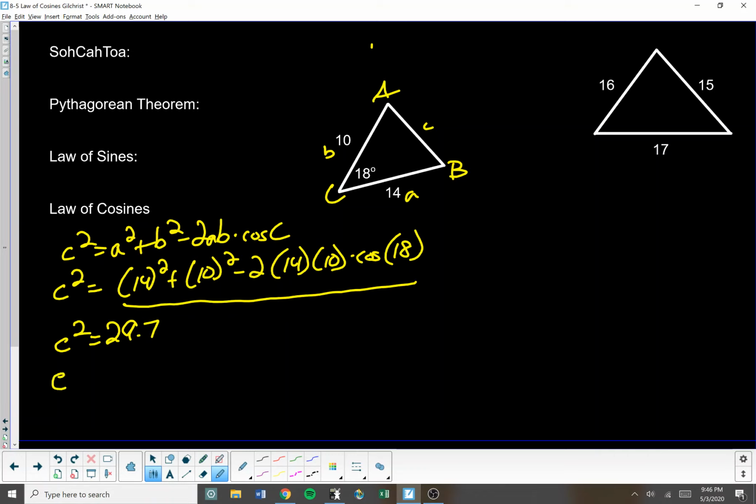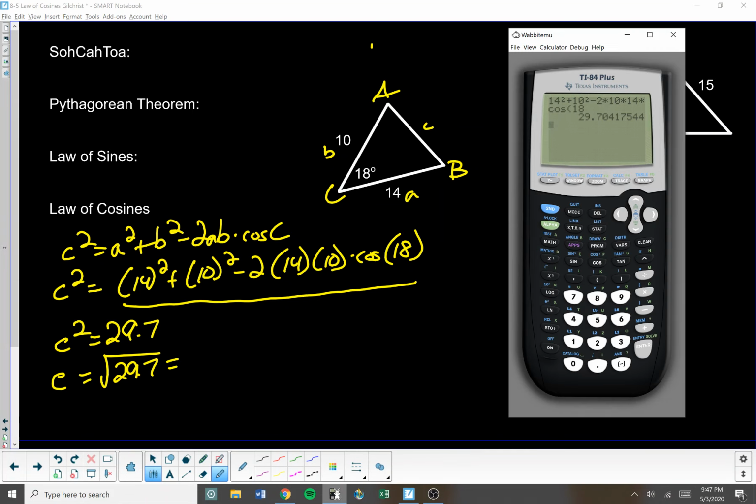So C is going to equal the square root of 29.7. And notice how in my calculator, I'm not going to type in square root 29.7. I don't do this, because that causes me to round when I don't have to round. What I can do instead is just do the square root of my previous answer. That is the most accurate way to do this.